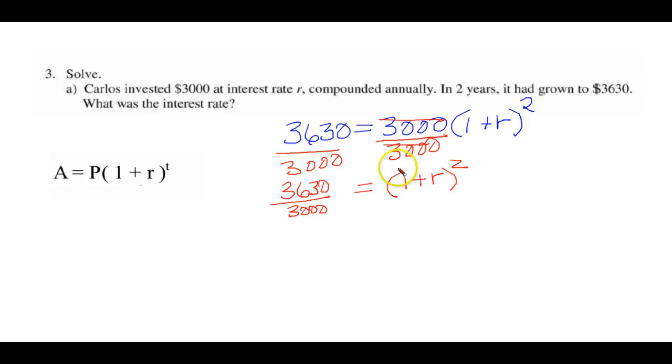Now, we want to get rid of something to the second power. So how do we do that? Well, using the technique we just had, we can take the square root of that. And that will become 1 plus r, just the radicand.